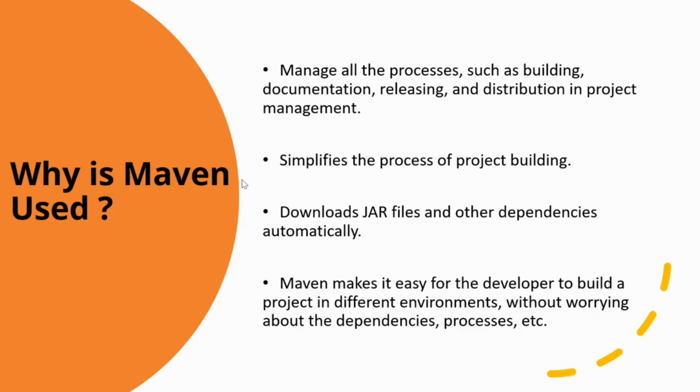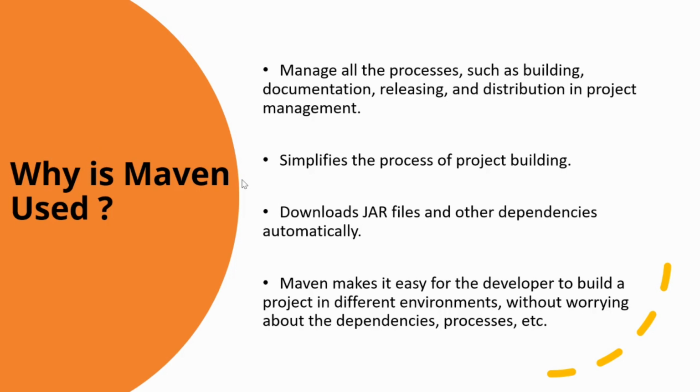Next question is, why is Maven used? Maven helps with the following. Apache Maven helps to manage all the processes such as building, documentation, releasing, and distribution in project management. The tool simplifies the process of project building. Hence, it increases the performance of the project and the building process.